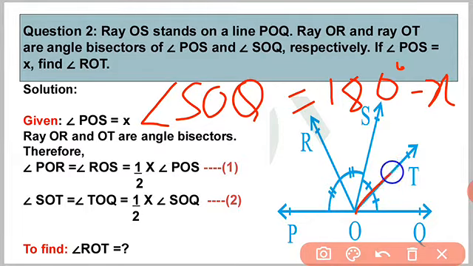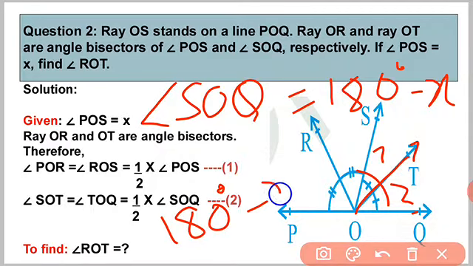Here we can see OT is the angle bisector of SOQ. So how much will these two angles be? It will be equal to 180 degrees minus x divided by 2, that is half of angle SOQ.